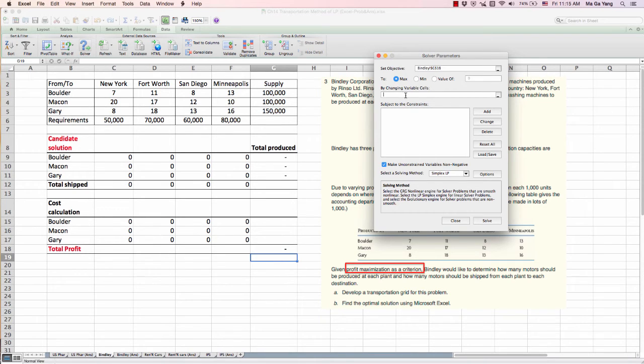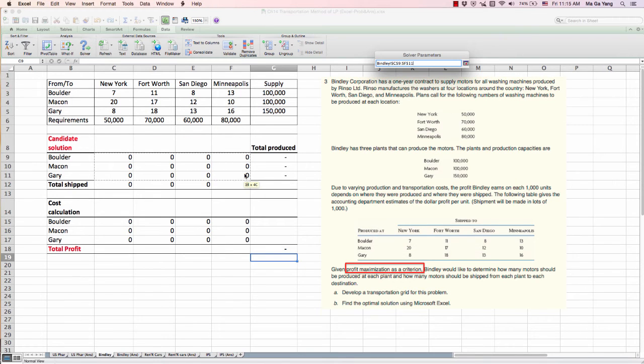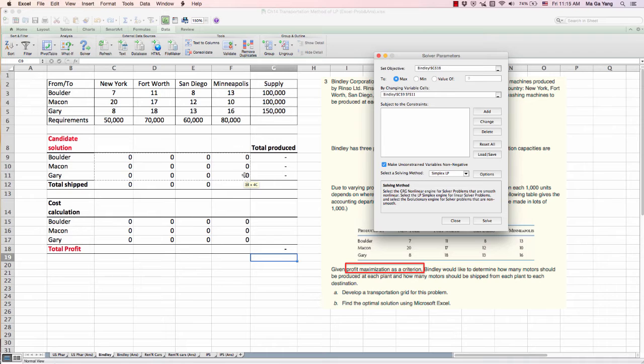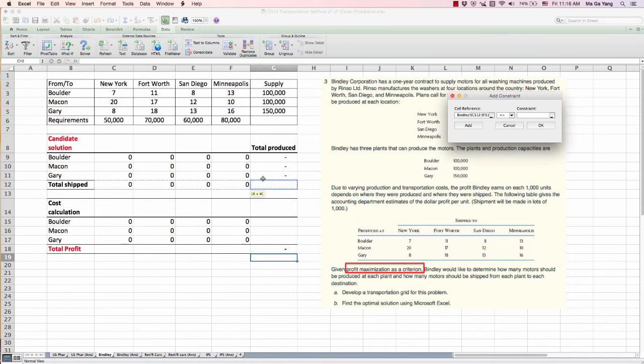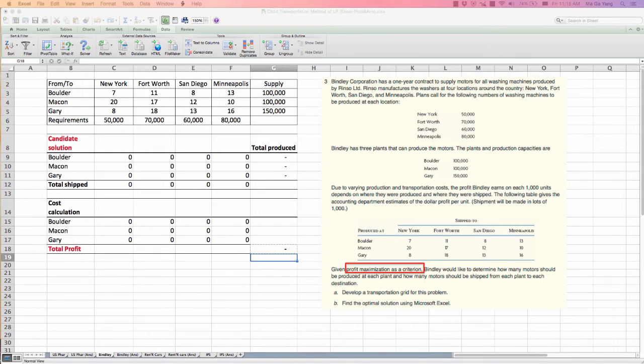And by changing variable cells, we select C9 through F11. Okay, and then we add the 2 constraints again. Our total shipped should equal customer demands.